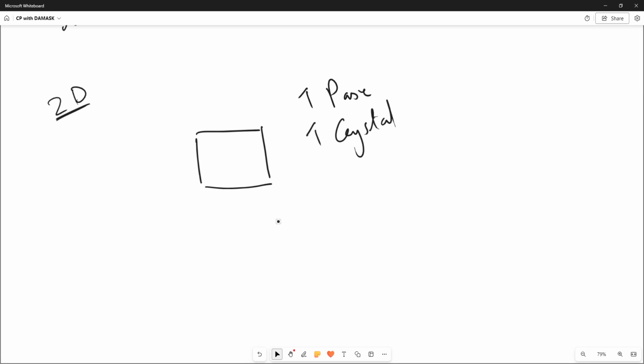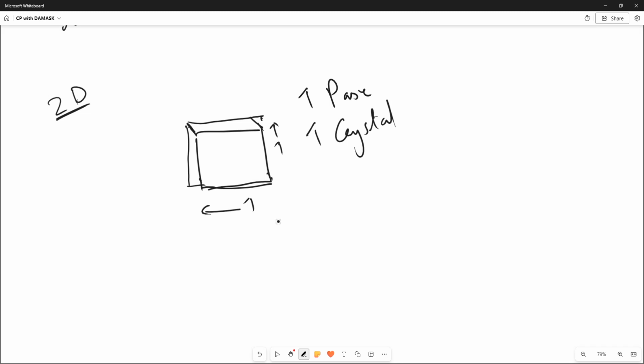And I have this geometry size. We can define any geometry size. I can say this is 1 by 1. And also in the third direction, we only have one element. So when I say it is 2D, it means this direction is also 1. Okay, so basically we just have one element.